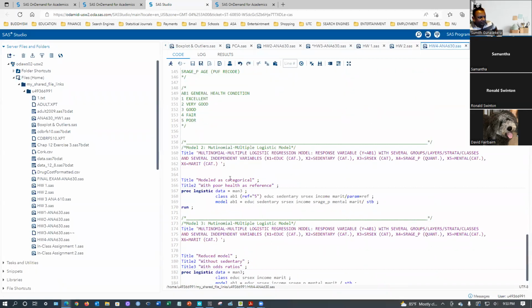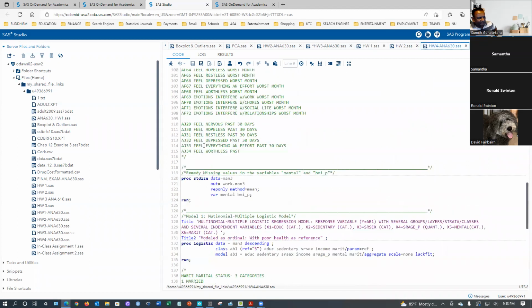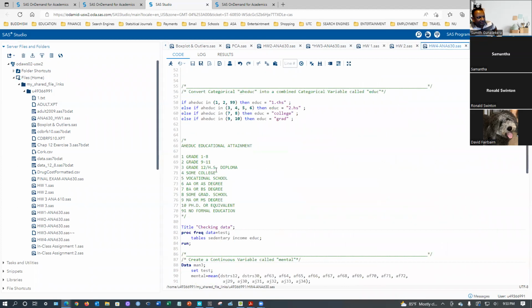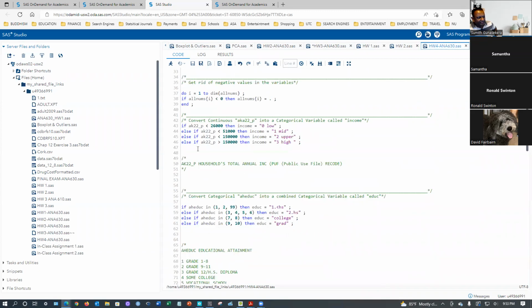So homework 4, as I said last time, if you want odds ratio, we can talk about that one, but at least when you look at the simple one, I got the same data that we had, the KISS data. Then I built this time AK22, the household total income, put into groups.